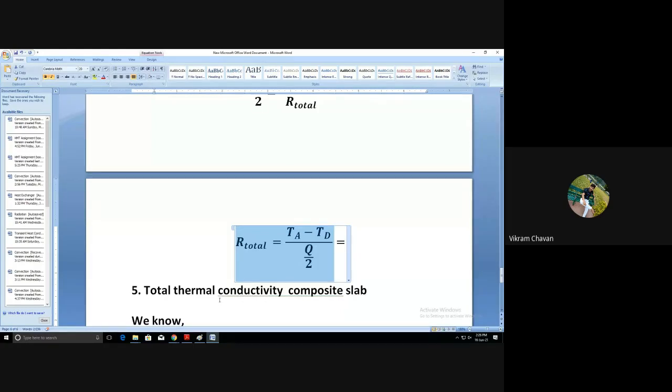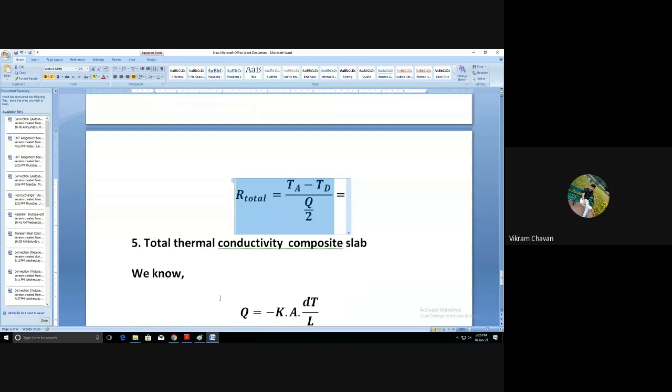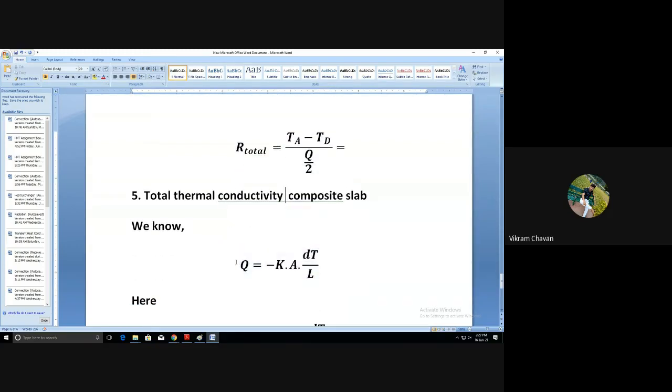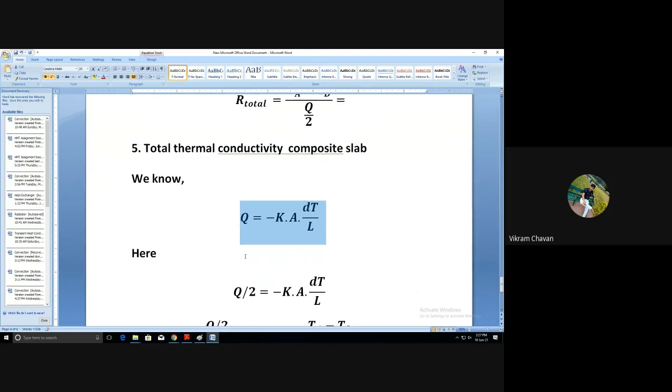The next finding will be the total thermal conductivity for the composite slab, and that will be determined by considering Fourier's law, that is Q is equal to minus K multiplied by A multiplied by dt divided by L. Now here in our case, Q will be considered as Q by 2, where Q is V multiplied by I, and whatever value we get after multiplying voltage and current, divided by 2, will be your Q by 2.